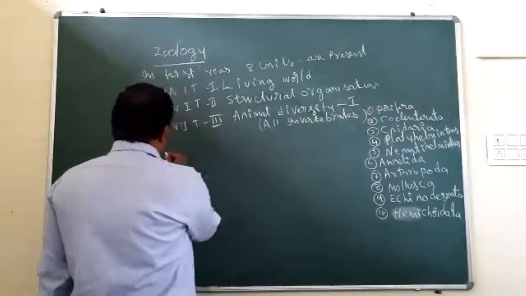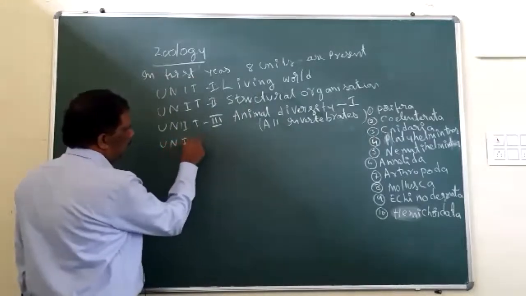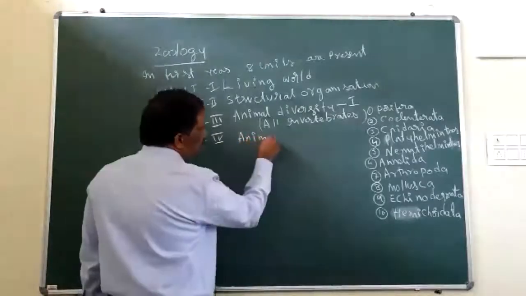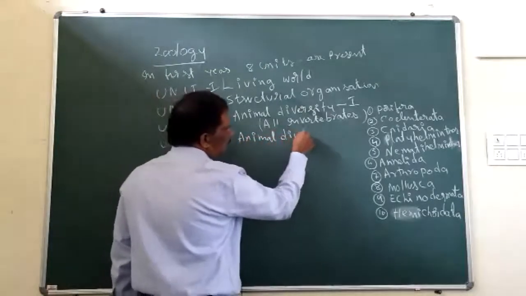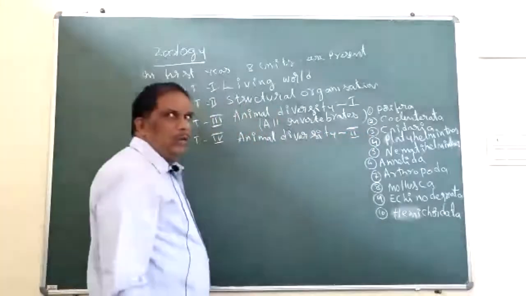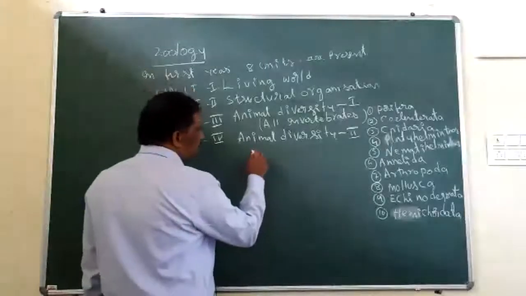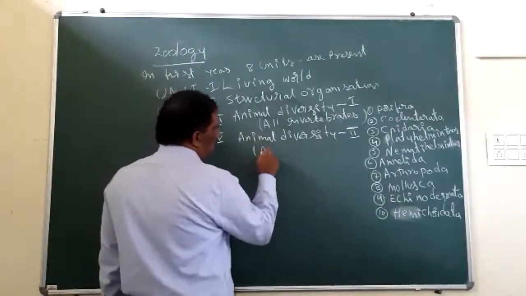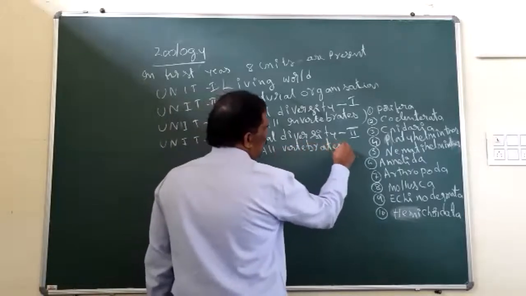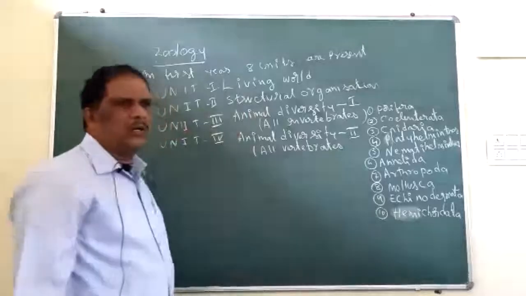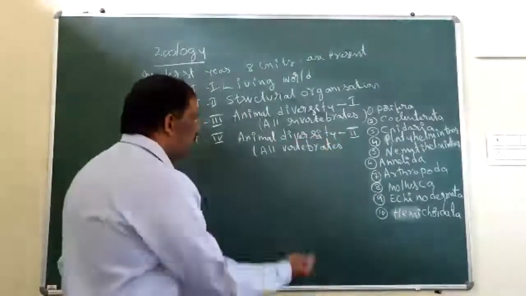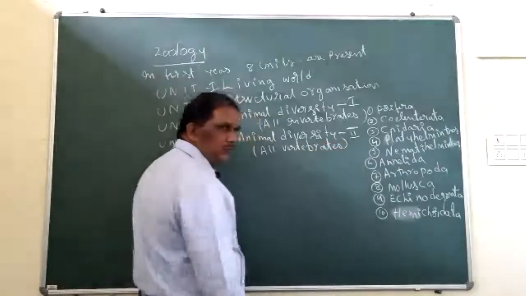Next, unit 4 is animal diversity 2. In this animal diversity 2, all vertebrates belong to animal diversity 2. What are those vertebrate phylums?